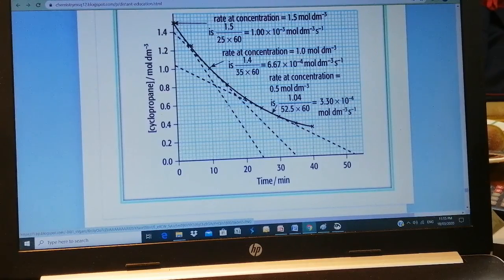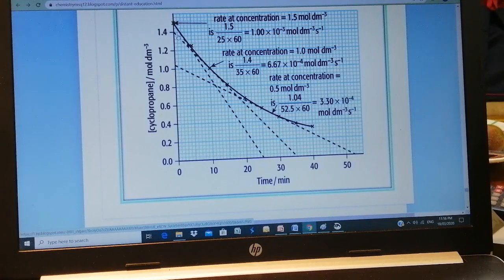And here, if they're asking the rate at concentration 1, see here, this is a concentration. If they're asking time, you have to draw from here as we did before. Here they are asking concentration, so from 1 you have to draw a straight line and see at which point it meets the curve. At this point you have to draw the tangent.